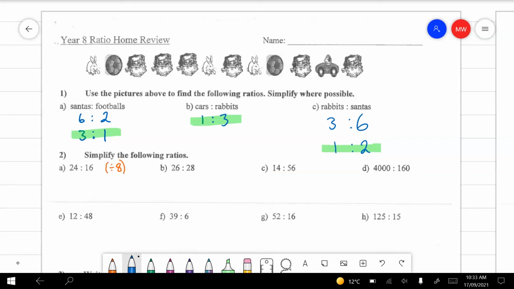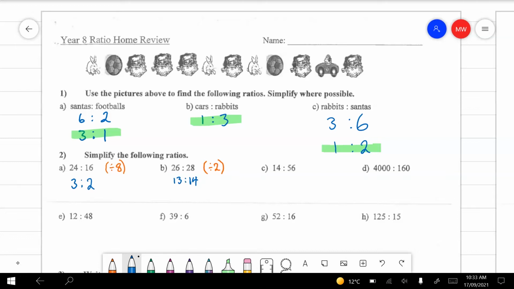So 8 will go into 24 3 times, and 8 will go into 16 twice, and that would make my final answer. In the next one, not many factors of these. I can probably only divide these ones by 2. So I'll do that, and I'll end up here with a ratio of 13 to 14.